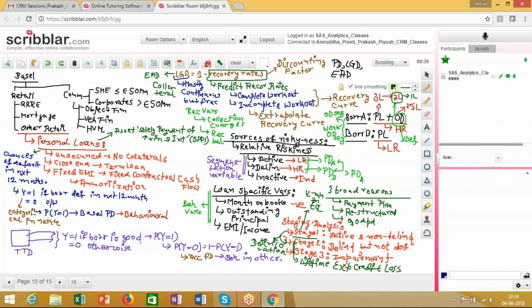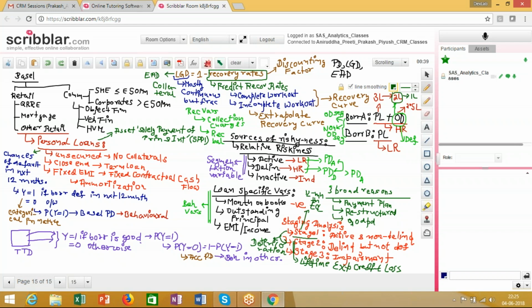So till now, are you clear on the following questions? What is staging analysis, and how do you identify it? How do we identify the difference between these two regulations? How would you identify a retail portfolio and distinguish between retail and commercial portfolios?